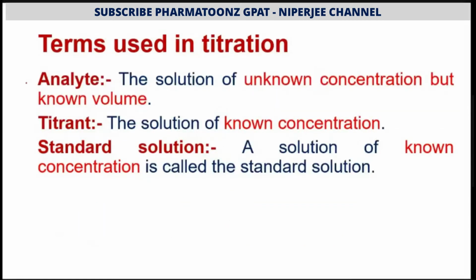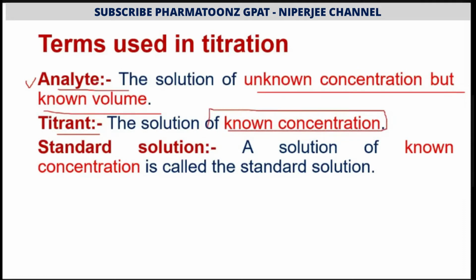Now, various terms used in titration. Analyte, which we already discussed, has unknown concentration but known volume. Whatever we take in the conical flask has an unknown concentration, because we have to measure it through titration, but its volume is known. Titrant means known concentration, whatever we filled in the burette.